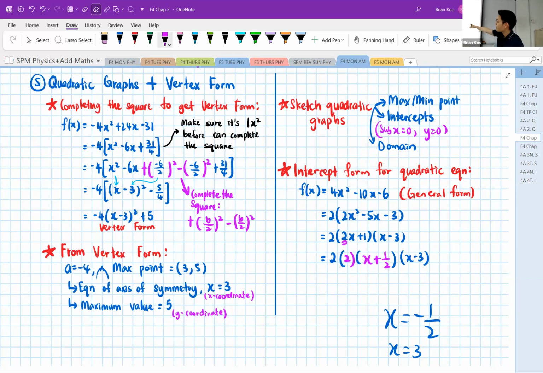From that 2x plus 1 bracket, you pull out the 2 and everything divides by 2. So it's like this now. This is called intercept form: 4 bracket x plus 1 over 2 bracket x minus 3.